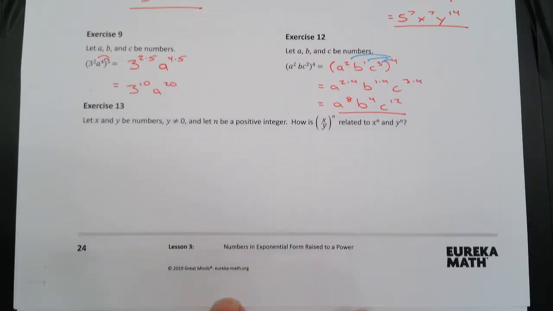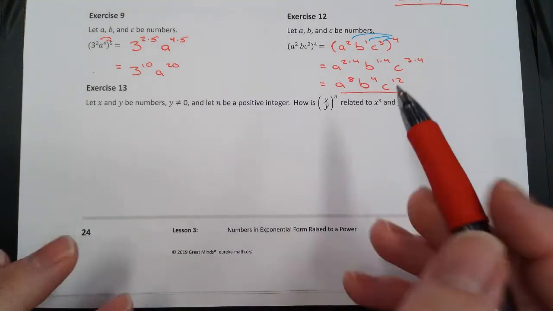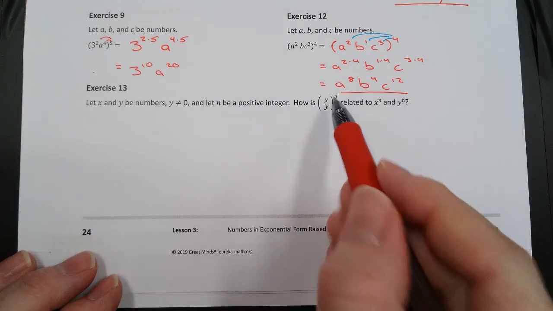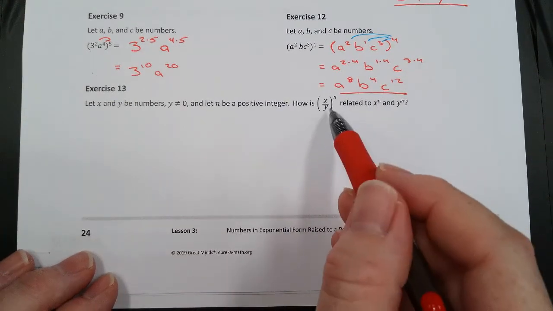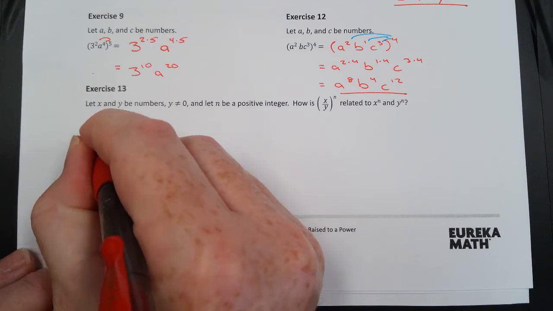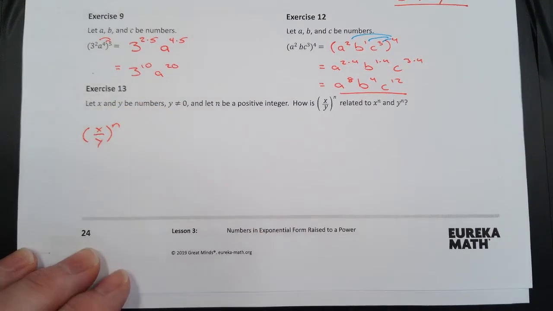But let's look at exercise 13, because this time we have a fraction base inside with an n exponent. How does this work? Well, let me show you. Remember, a base is still a base.